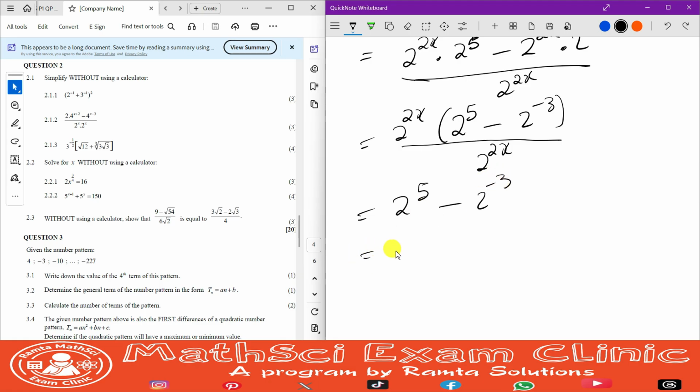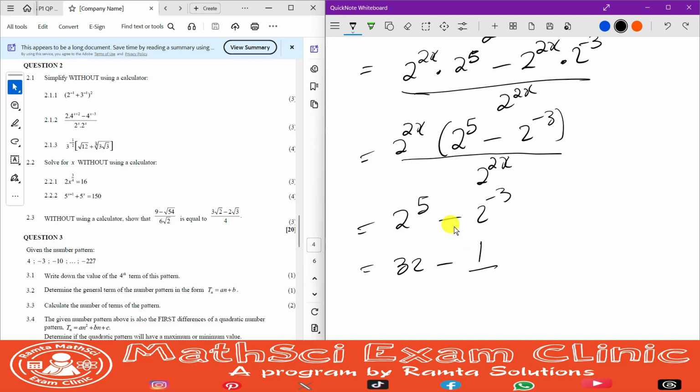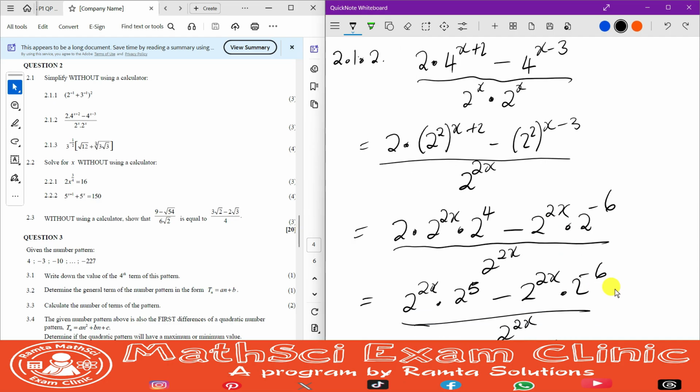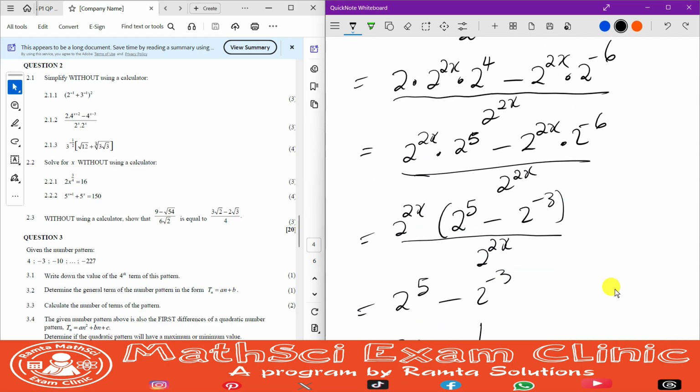2 to the power 5 is the same as 32, and 2 to the power negative 3 is the same as 1 over... is it negative 3, by the way? No, our mistake. This is supposed to be negative 6.